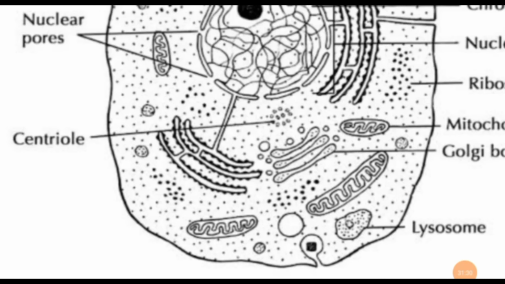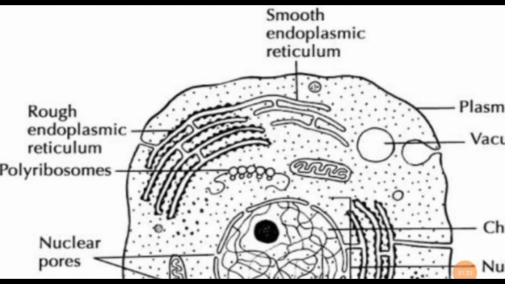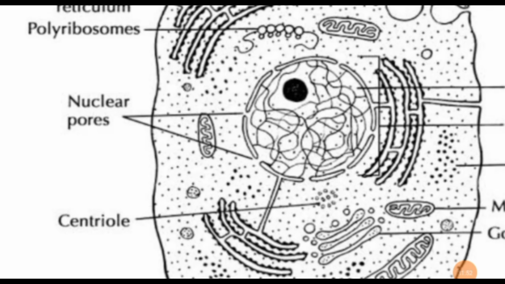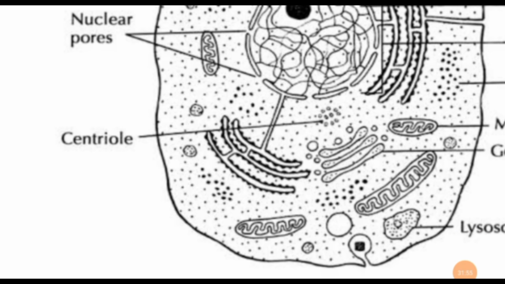Under a microscope, these dots are actually liquid, a jelly-like liquid. So every dot you see everywhere is called cytoplasm.